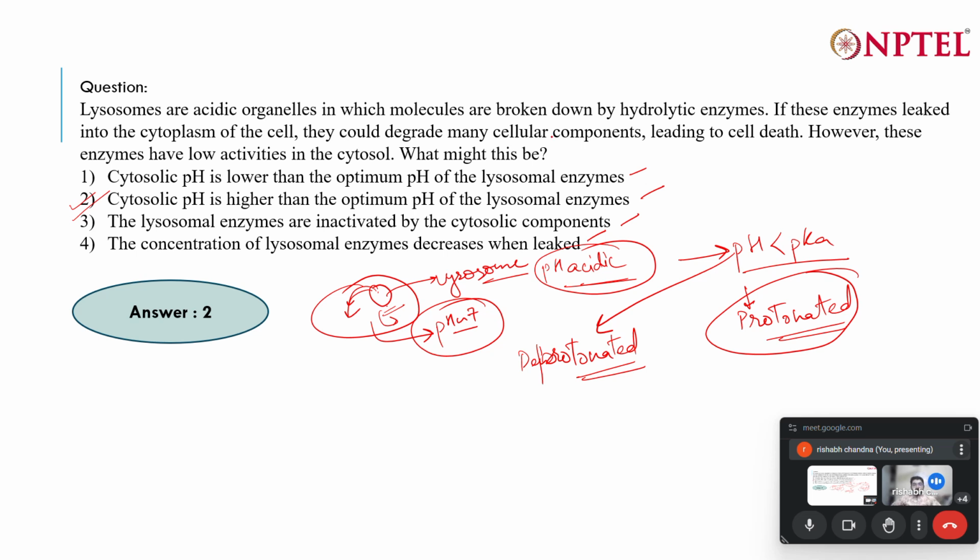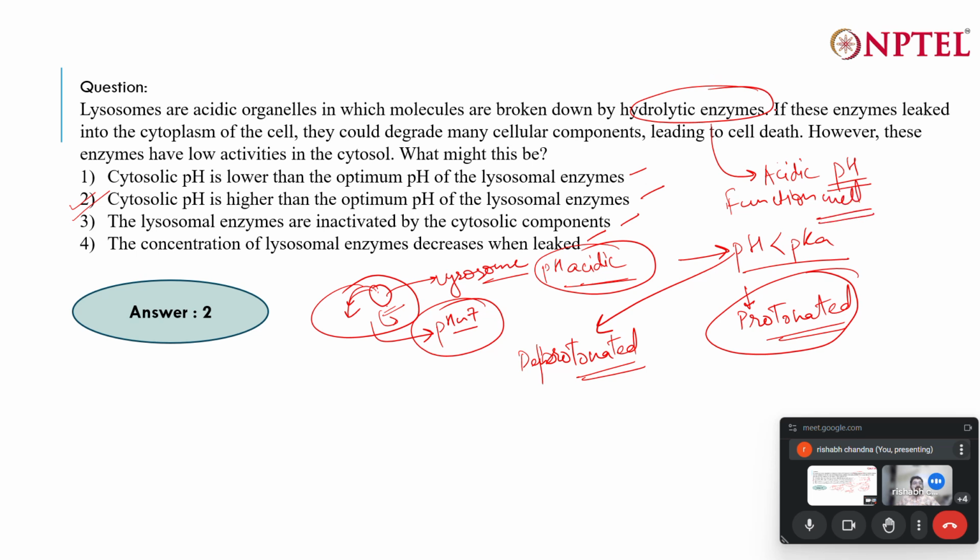So the lysosome has these hydrolytic enzymes, right? How do they function? Basically the question is about the functioning of the hydrolytic enzymes. It is at a particular pH, right? And lysosomes have an acidic pH. So at the acidic pH, the hydrolytic enzymes function well, right?